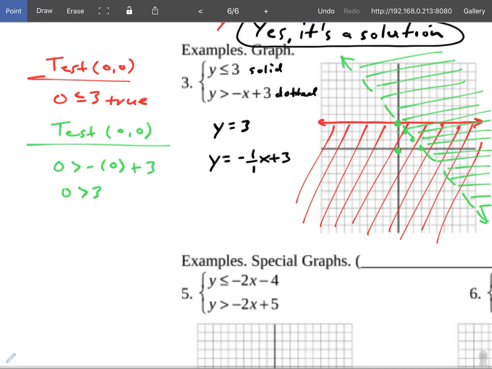All the points that are solutions, they are in that region. This part's not shaded at all. That part's only shaded green. Over here, it's only shaded red. So the solution is all the points in this region right here, where it's shaded green and red.